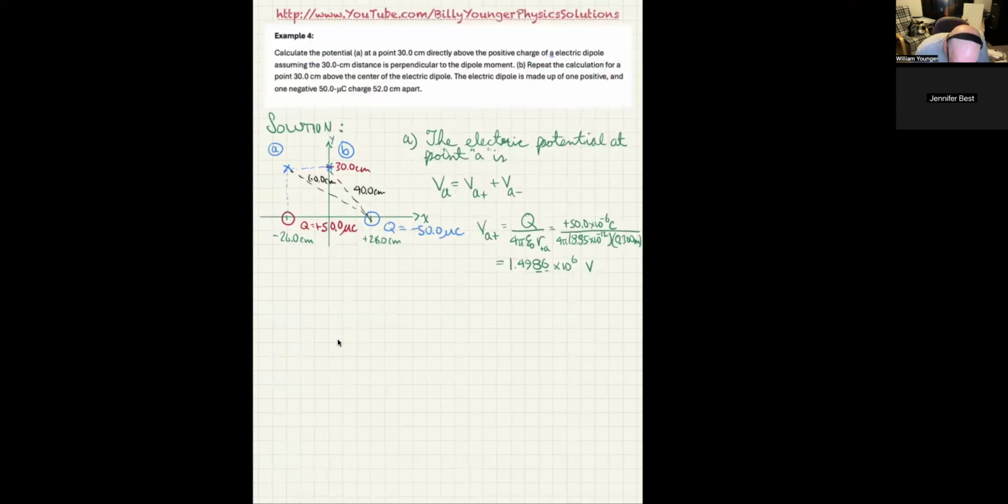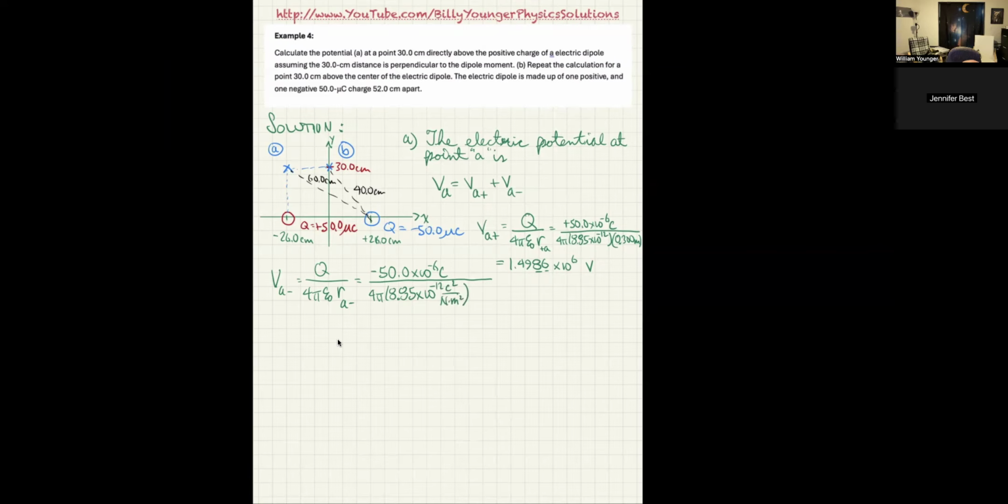So I'm going to say VA negative is equal to Q over 4 pi epsilon naught, and this time it's A minus for the R. And this, of course, is equal to negative 50 times 10 to the negative 6 coulombs divided by 4 pi times 8.85 times 10 to the negative 12th coulombs squared per Newton meters squared.